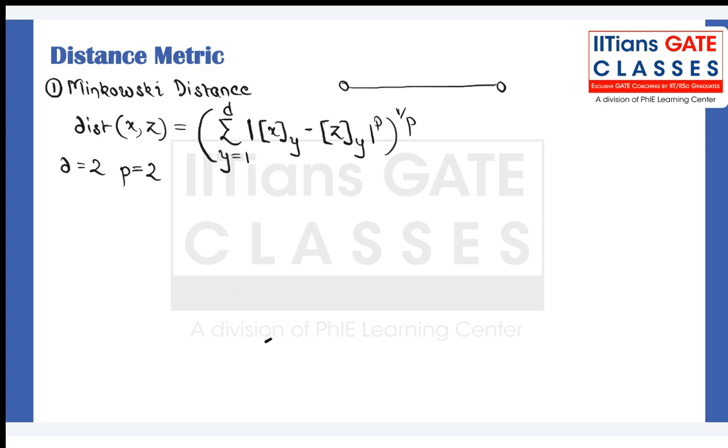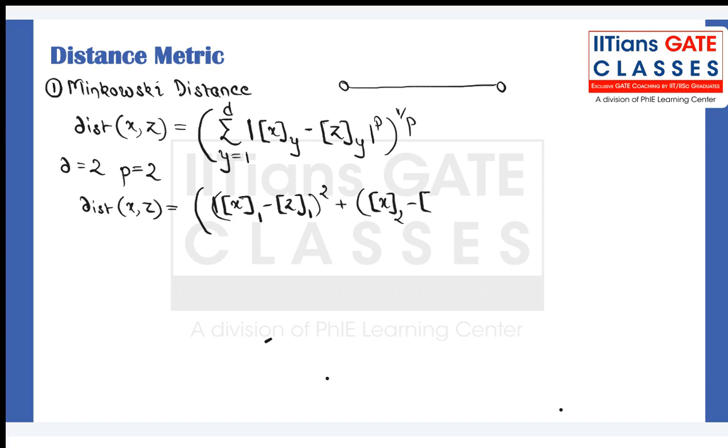Your value of D is 2, your value of P is 2, which means your distance of x comma z is nothing but x1 minus z1 whole square plus x2 minus z2 whole square, whole to the power 1 by 2. I just expanded the formula that I wrote on the top, for d equal to 2 and p equal to 2. Now, have you seen this formula anywhere?